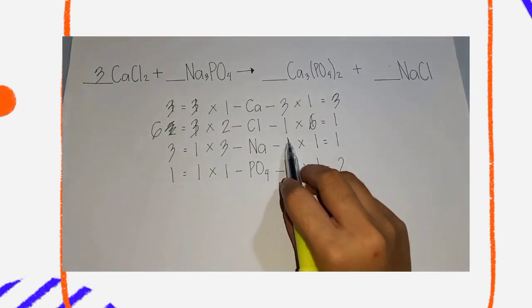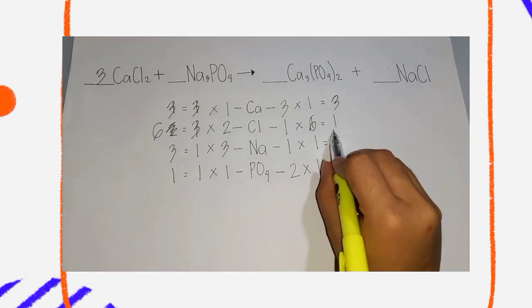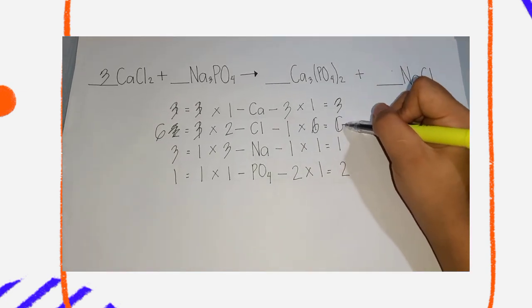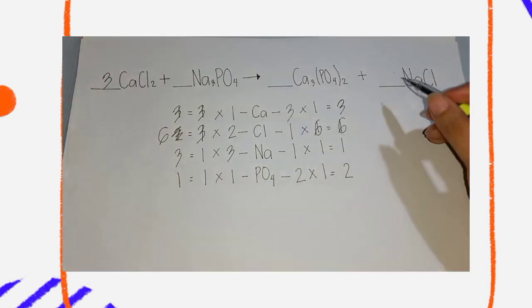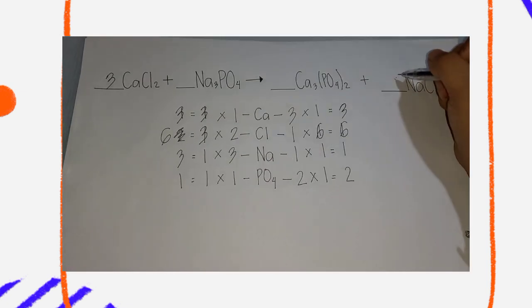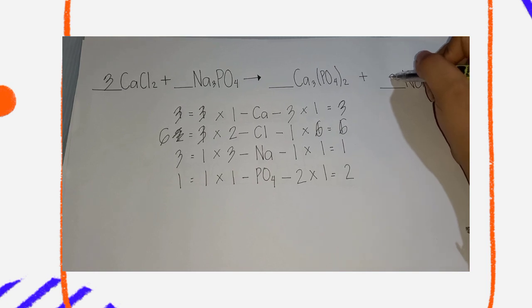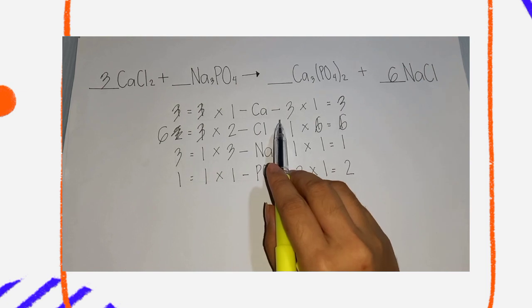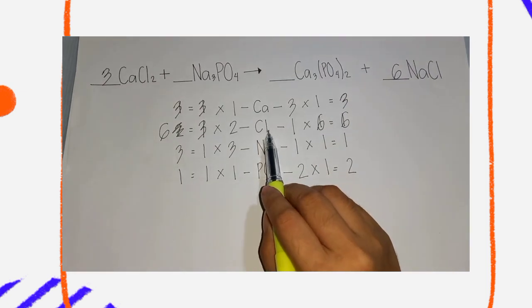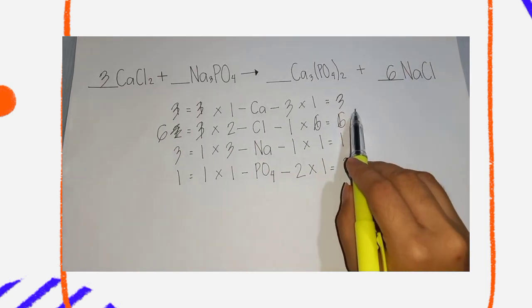So 1 times 6, we now have 6. So we need to put 6 as the coefficient for our chloride. As you can see, the calcium and the chloride are now balanced.